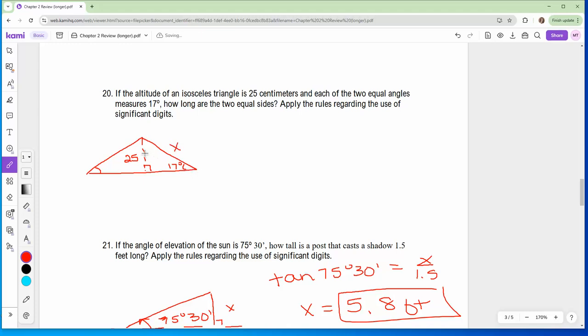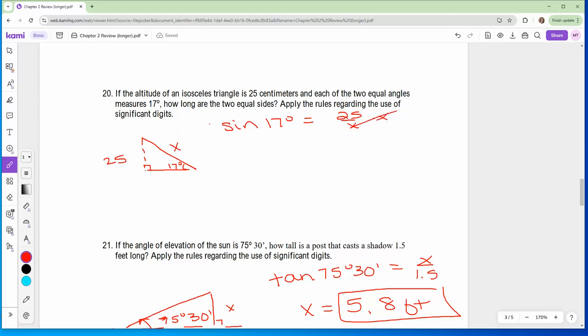So if I just take half of this, that would give me a right triangle. So essentially, you don't even need the whole thing, we just need this. So opposite and hypotenuse would be the sine, sine of 17 degrees equals 25 over x.